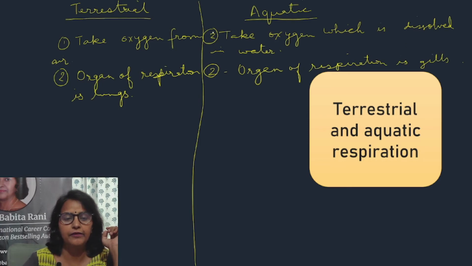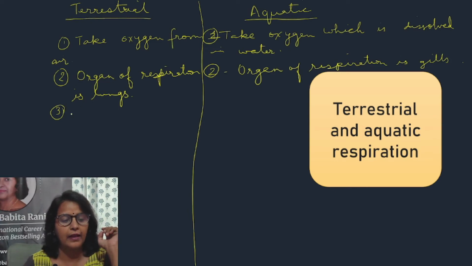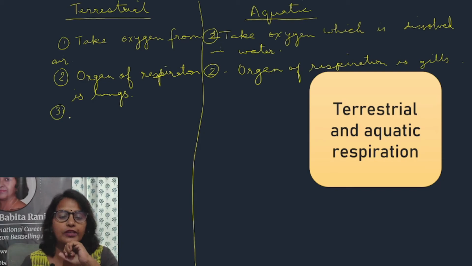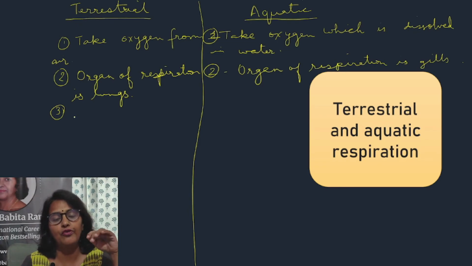Example is fishes. The third one is the amount of oxygen: less amount of oxygen is present in water, whereas more amount of oxygen is present on land in the atmosphere.